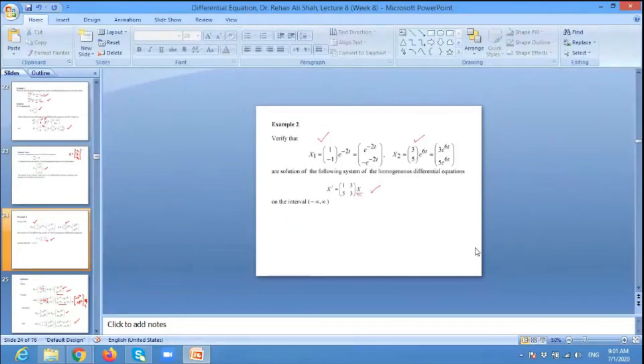Now the question is example 2. Verify that x1 is equal to this one, x2 is equal to this one, is the solution of x dash is equal to Ax. How to do this?